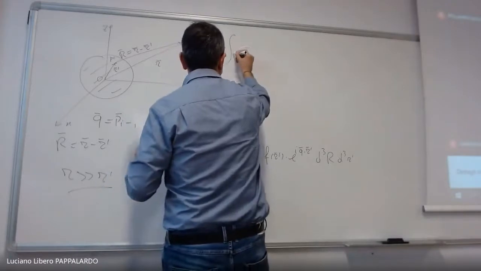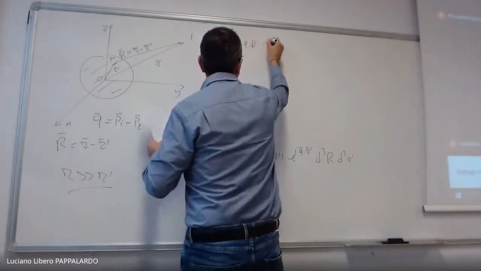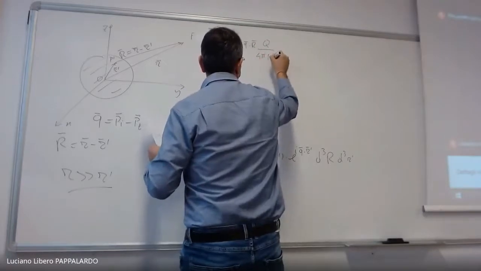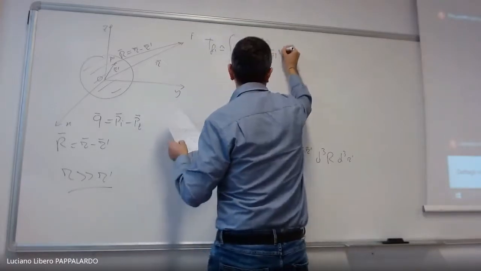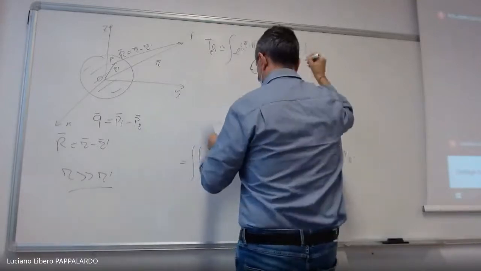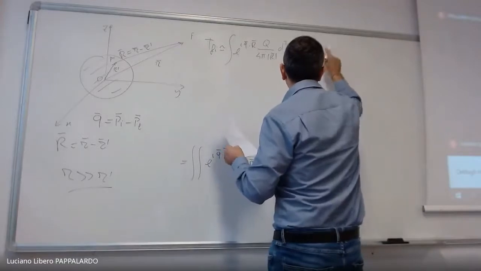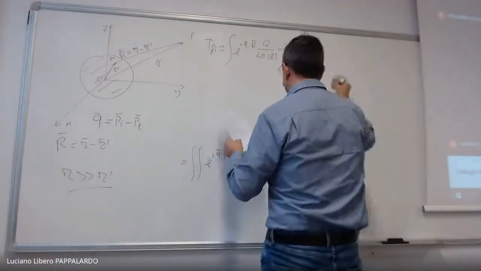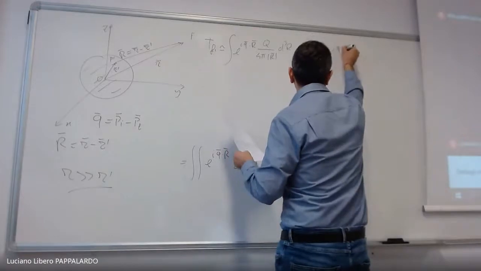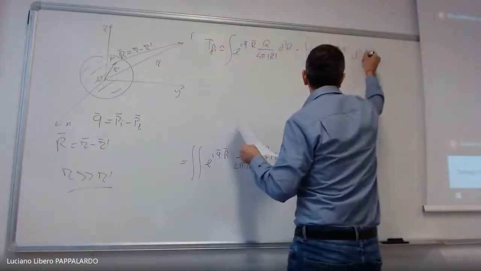So the first term is the integral of e to the i q scalar R, divided by 4 pi R, d cubed R, times the integral of f(r') e to the i q scalar r', d cubed r'.